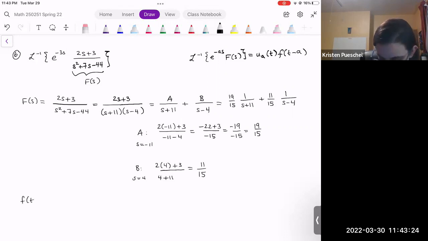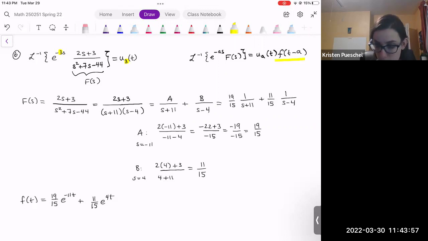We can find this f of t, which is 19/15 e to the negative 11t plus 11/15 e to the 4t. But that's not what's going to show up in our formula, right? Our formula here is going to be u3 of t, the 3 coming from this exponential, and we're going to use f of t minus 3.